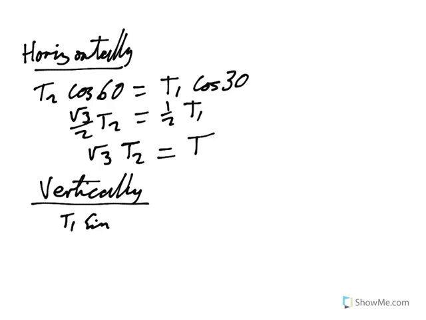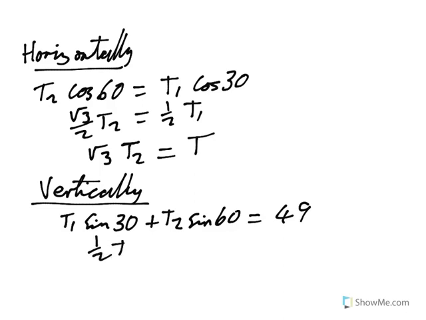So T1 sine 30 plus T2 sine 60 is equal to 49. Sine of 30 is a half.